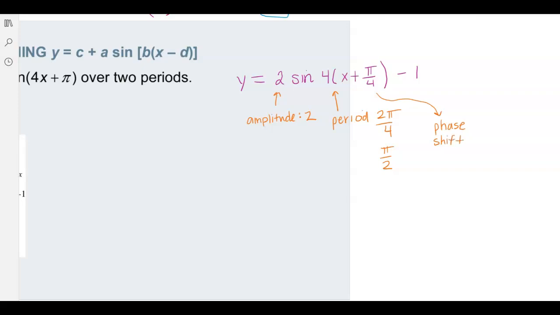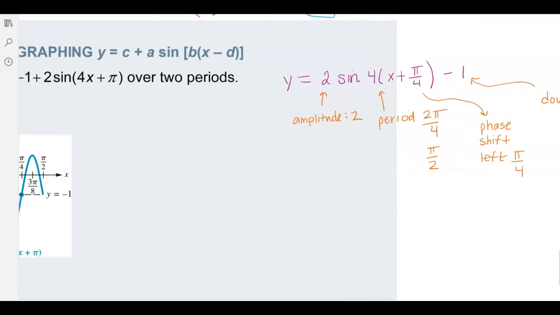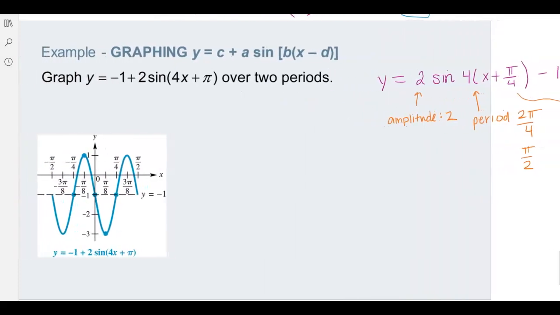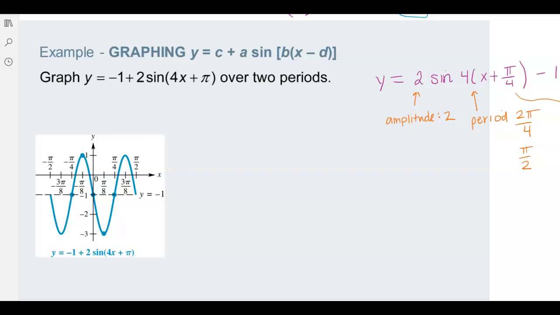The whole graph is going to go to the left by pi over 4. And this is a vertical translation. The graph is going to go down by 1. Looking at this picture that we have here, we can see that the midline is at -1, right? Because the whole thing got shifted down by 1.